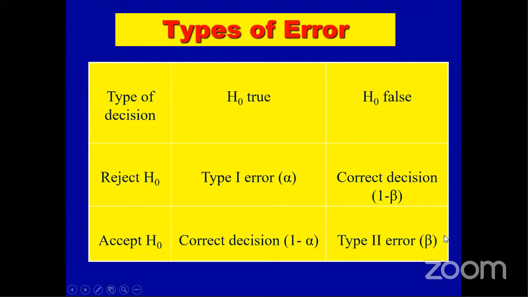Here we don't have any disease but we are accepting, telling you that you have it. Type 2 is dangerous. He doesn't have the disease, but they are assuming that he has something. So what is dangerous here?